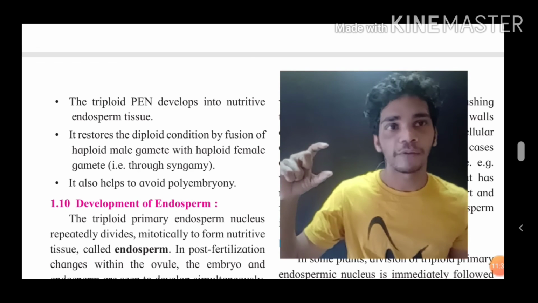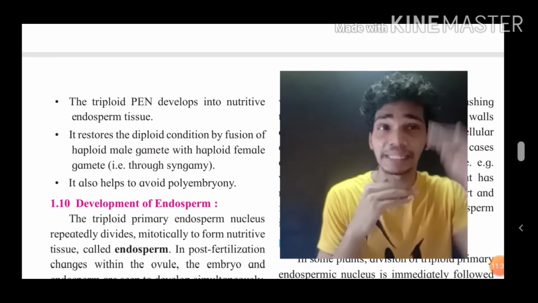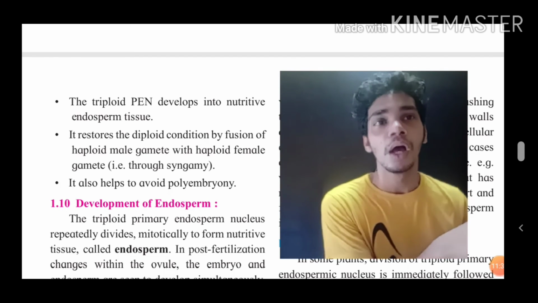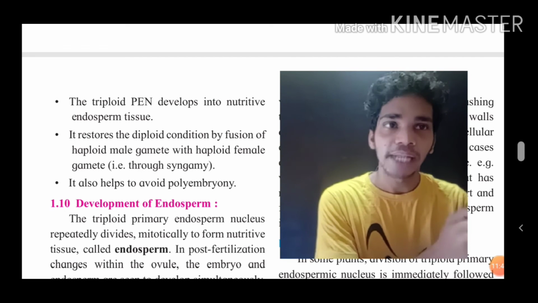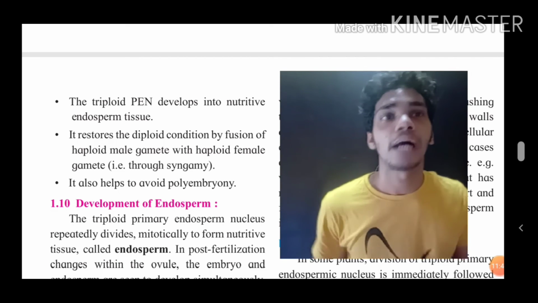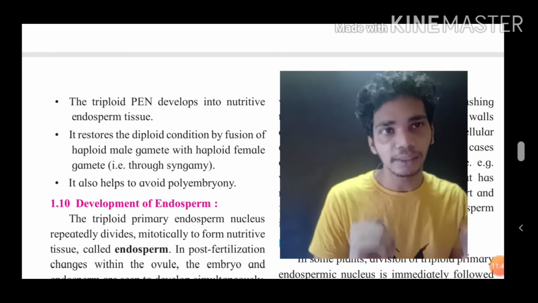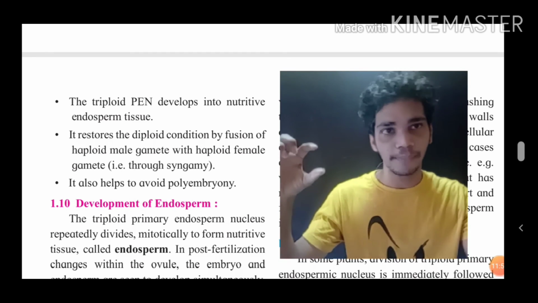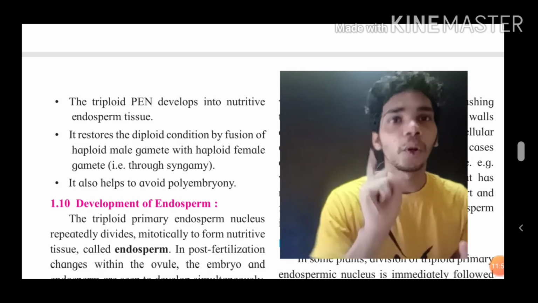The starting cell was diploid; it undergoes meiosis, forms a linear tetrad, and from that tetrad only one cell is going to form the egg cell. That is why haploidy is maintained. But after fertilization, when N and N, male and female, combine, diploidy is restored.